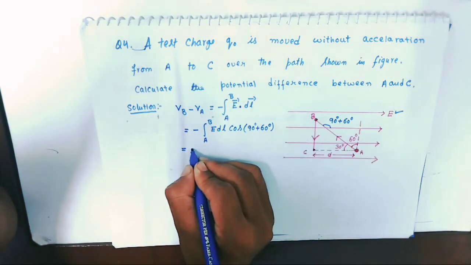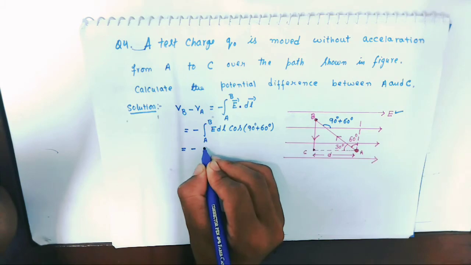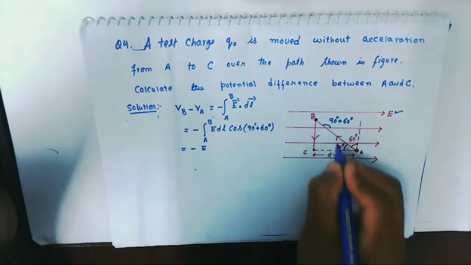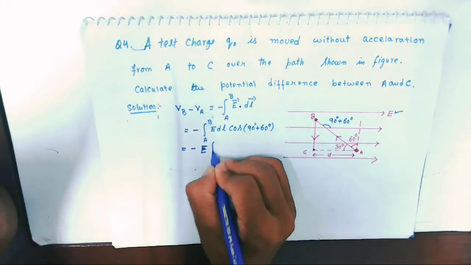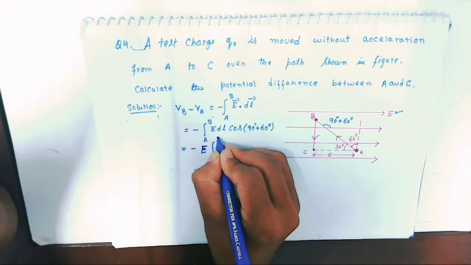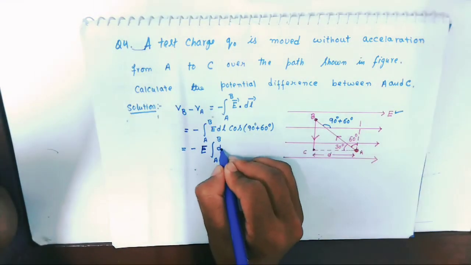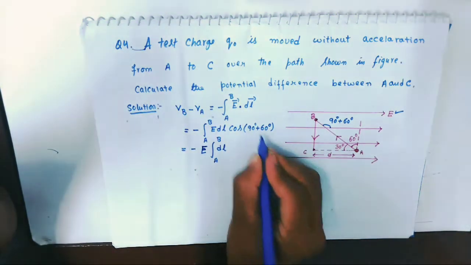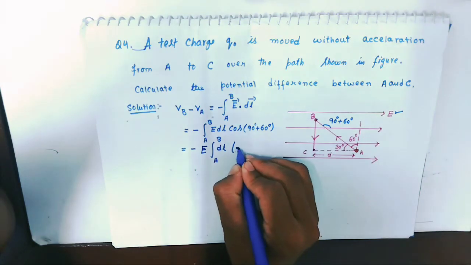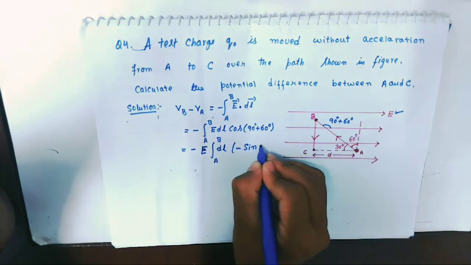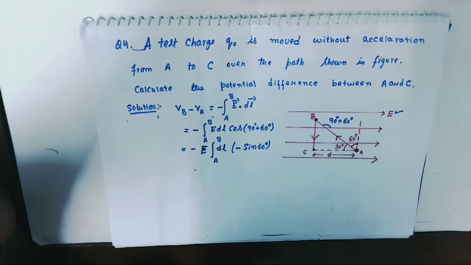So this is equal to minus, E is uniform as we can see from here, integral from A to B of dl, then cos of 90 plus 60, which is nothing but minus sine of 60 degrees.